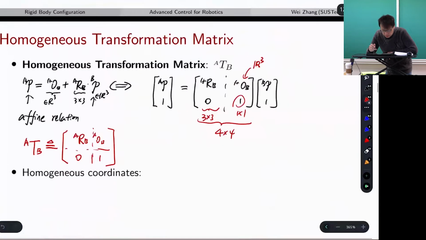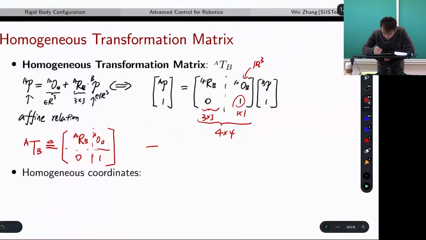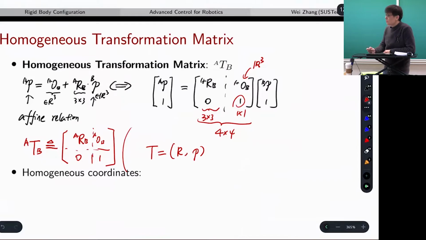A good way to organize the information you need is to construct a so-called homogeneous transformation matrix. In short, we can write T, a notation that means a homogeneous transformation matrix.